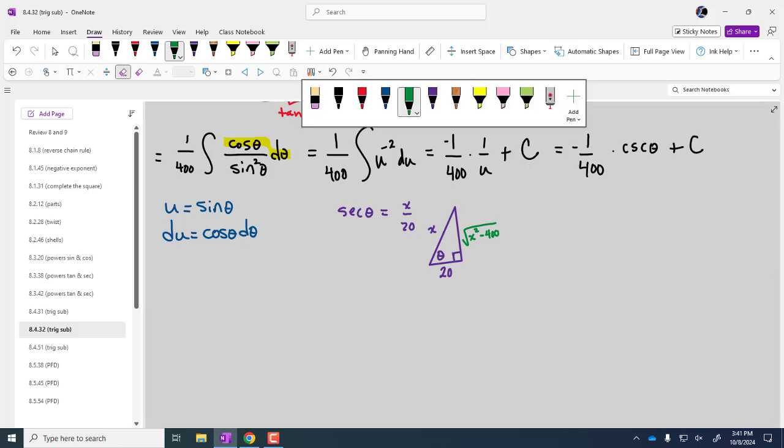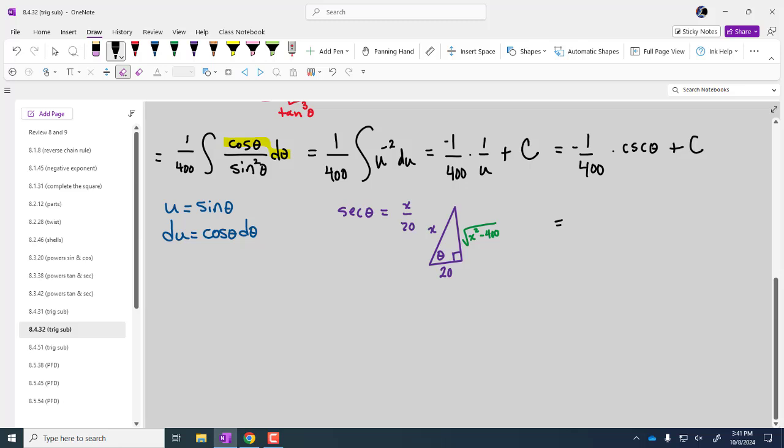That allows us to rewrite this as, cosecant is hypotenuse over opposite. So we're going to have negative 1 over 400 multiplied by hypotenuse over opposite, plus c.